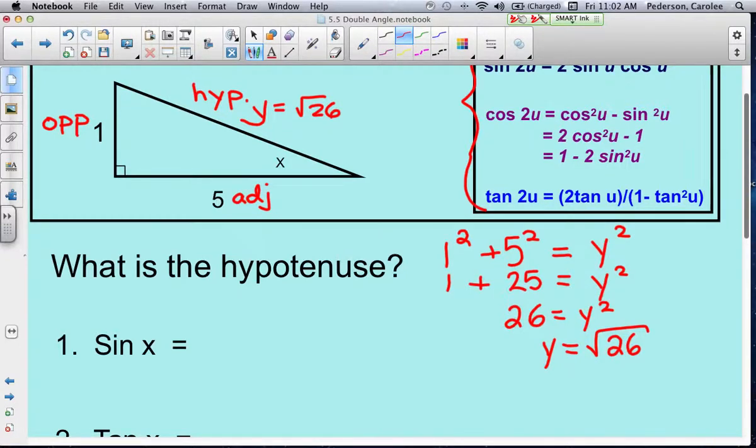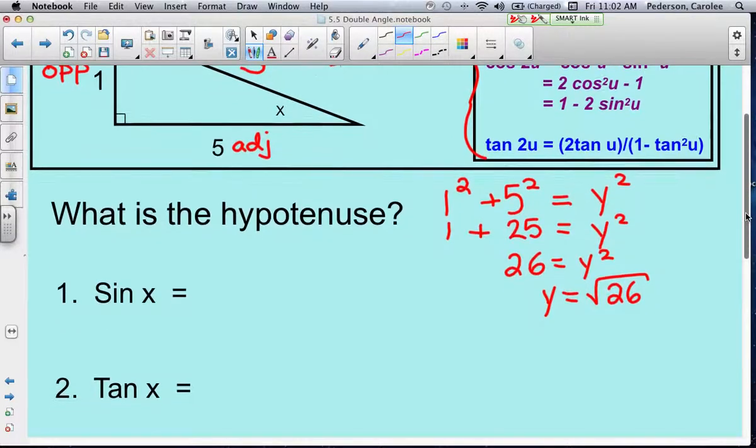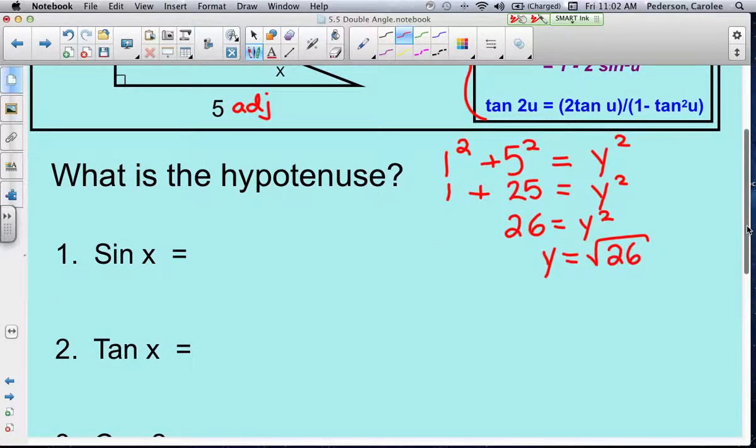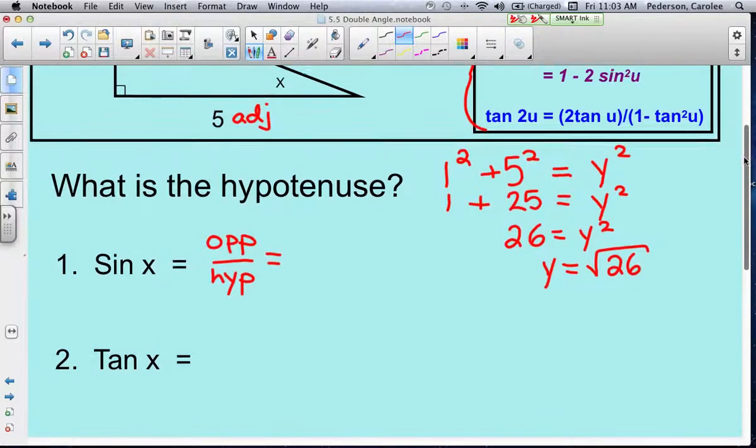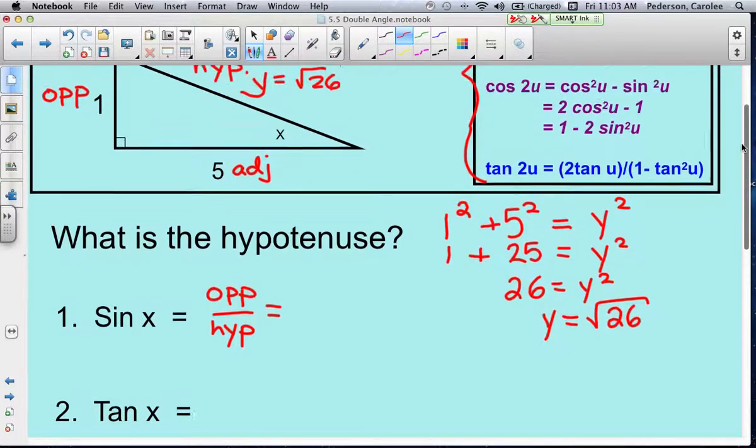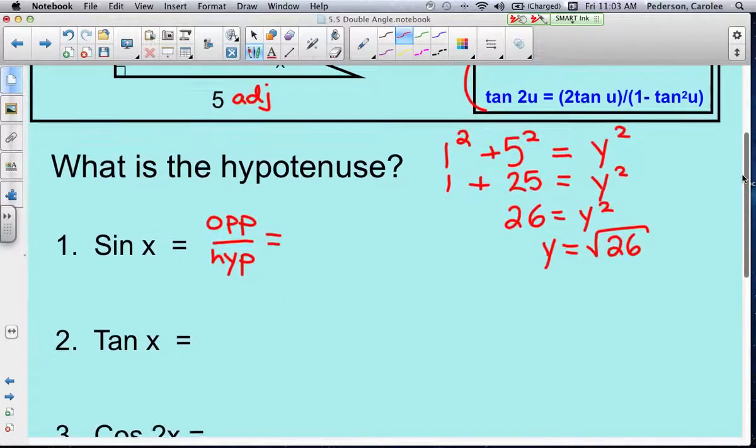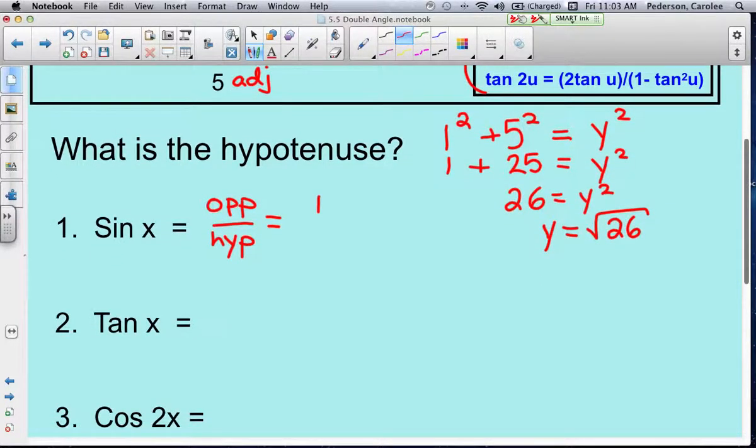Now let's go ahead and find the sine of x. This is going back to chapter 4. How you find the sine of x, if you remember from right triangle trig. Sine is opposite over hypotenuse. So if we look at our right triangle here, opposite is 1, and the hypotenuse is square root of 26. 1 over the square root of 26.